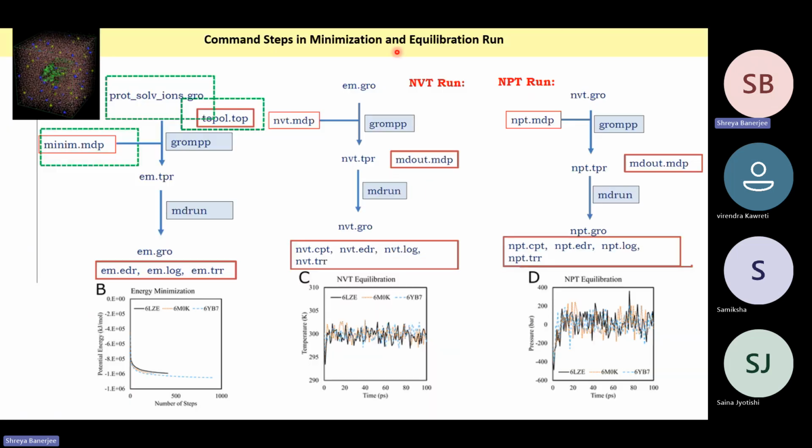One thing is you carry out one NVT at one particular temperature, suppose 300 Kelvin. Next NVT you carry out at 350 Kelvin. So you can carry out multiple NVTs and put the results together to get the energy minimization at different temperatures.